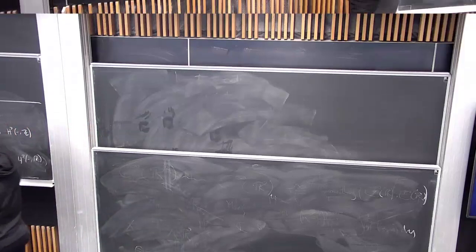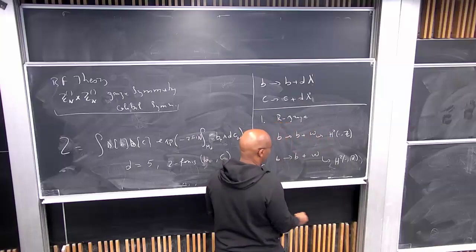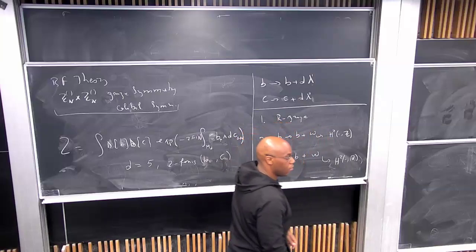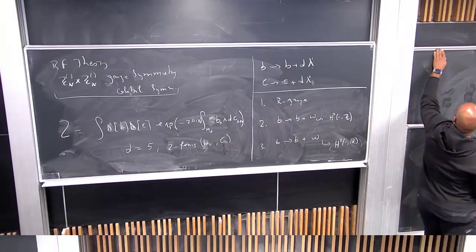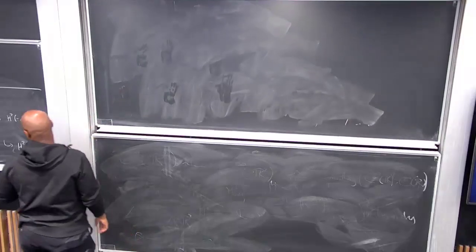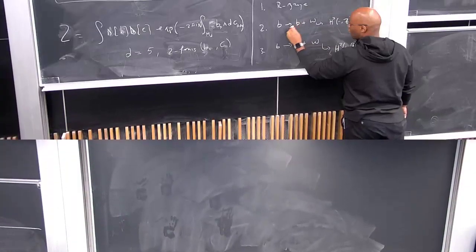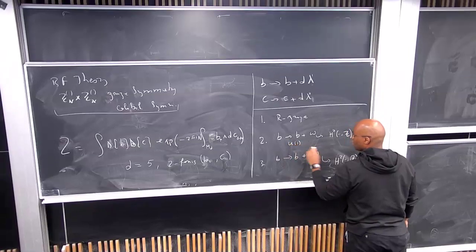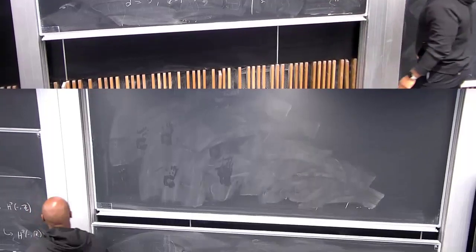So each one of these choices has different implications for the field theory, right? Typically this is the one we call a U(1) gauge symmetry. This is a U(1) gauge symmetry to keep in mind.